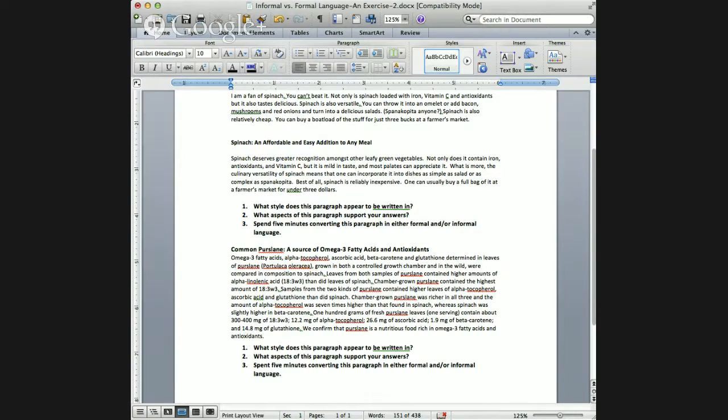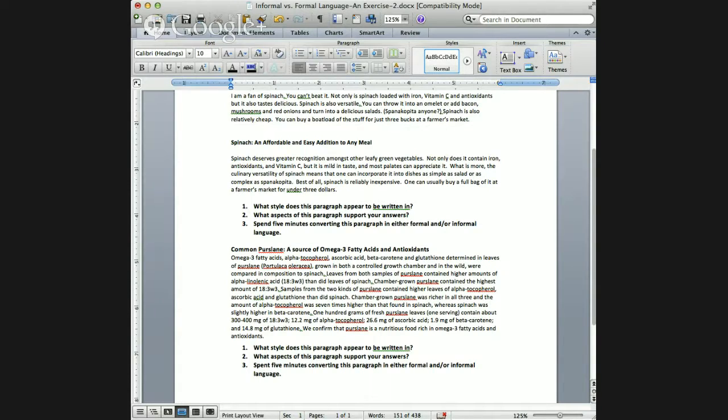Best of all, spinach is reliably inexpensive. Here we have, okay. So instead of saying it's also relatively cheap, instead of the word cheap, I used inexpensive. So reliably inexpensive. One can usually buy a full bag of it at a farmer's market for under $3. So instead of bucks, I said dollars.